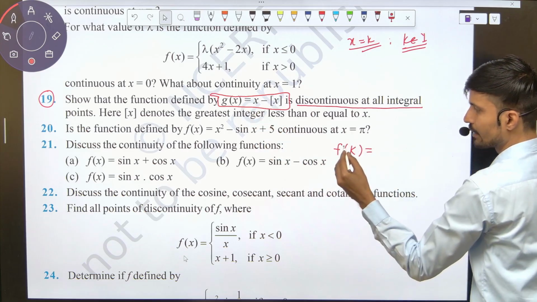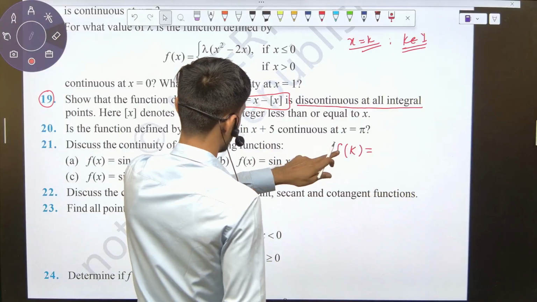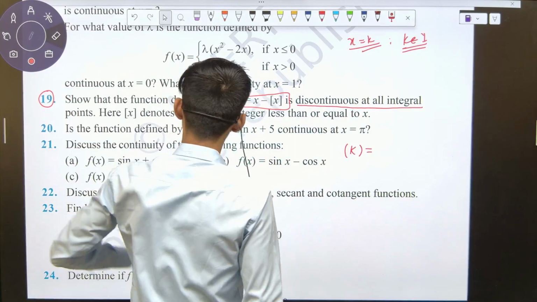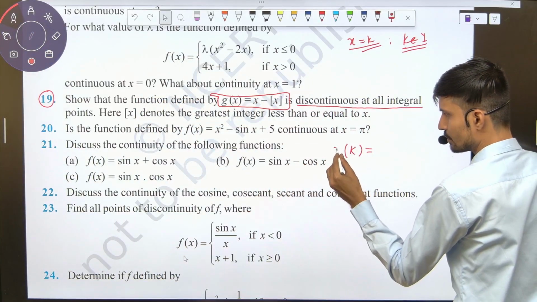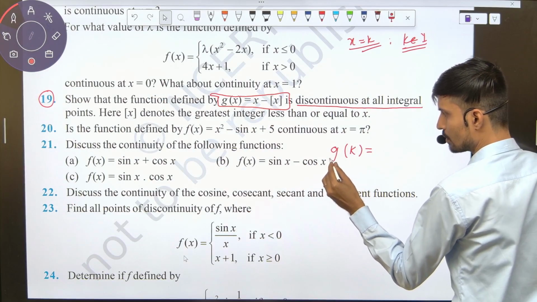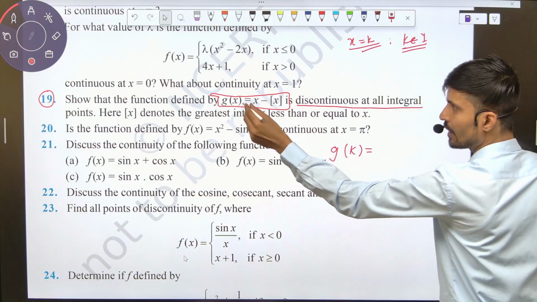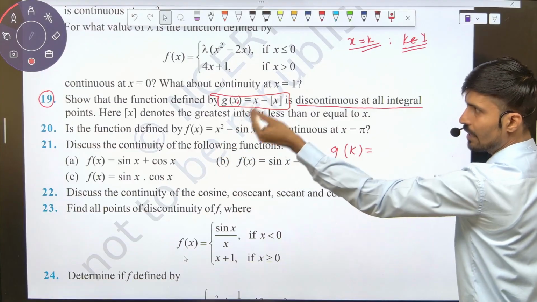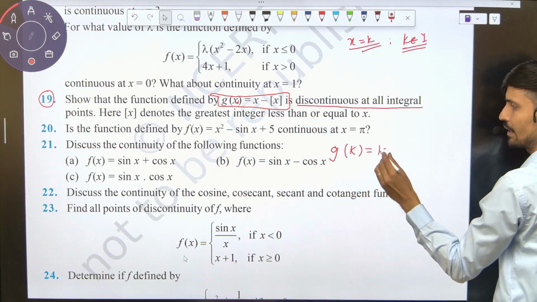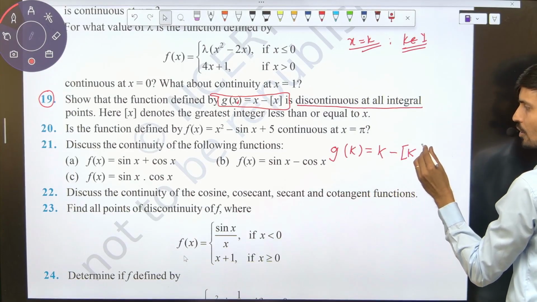Sorry, it is the g function, so g of k we have to find. At the place of x we put k on that side, so the same k I will put on this side. So that will become k minus greatest integer of k.